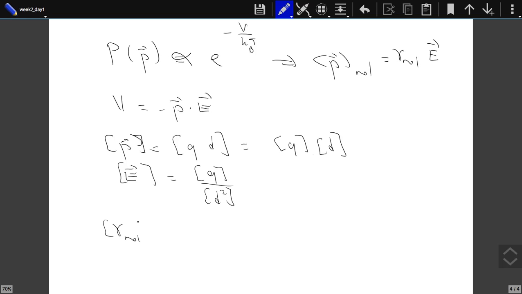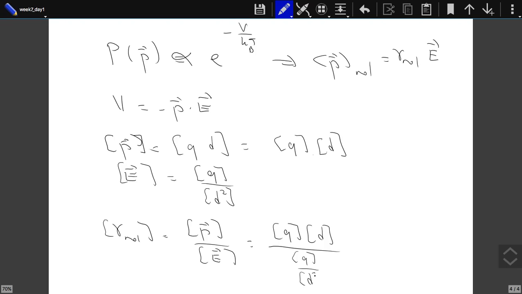Or let's write it in this form: the unit of charge Q times the unit of distance D. Now, what is the unit of electric field? Unit of Q divided by unit of D squared.